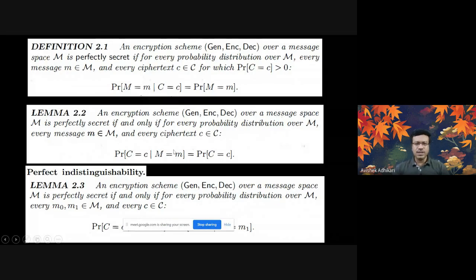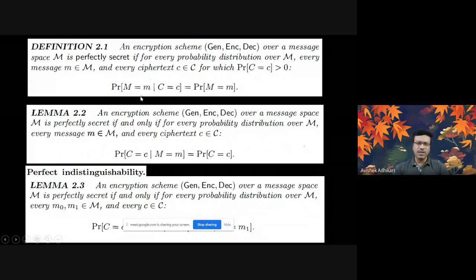What it says is, if you have message M, then the probability that C is C is the same as the probability of C being C. So this condition is given over M equal to M. That means you are given the message and you want to guess the probability of this C, which is the same as even if you do not have the message, the same information.